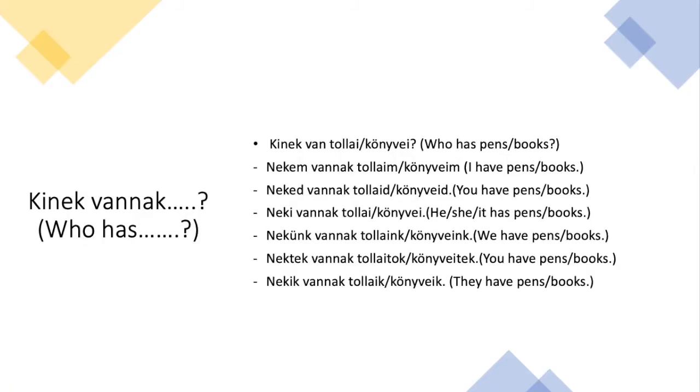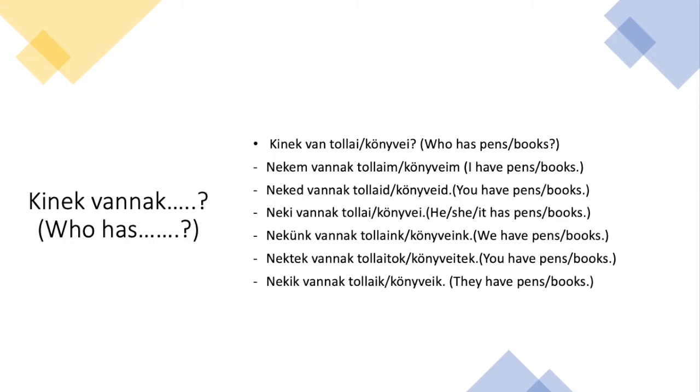The second bullet point is kinek vannak. In the previous lesson, I talked about this bullet point by starting the sentence with kinek van, which in that case we are talking about the person who has only one object, such as one pen or one book. But now you want to ask who has pens or who has books.